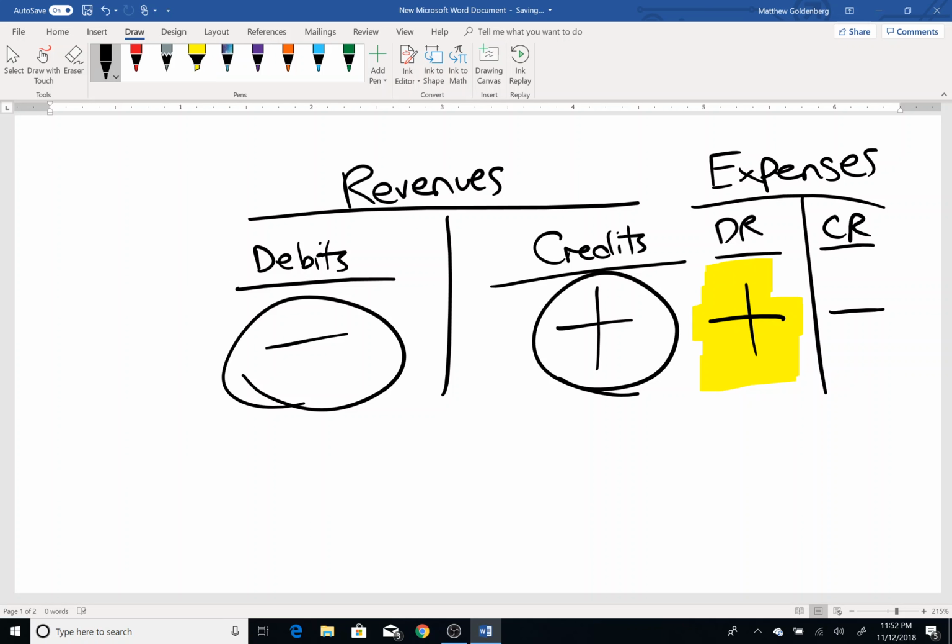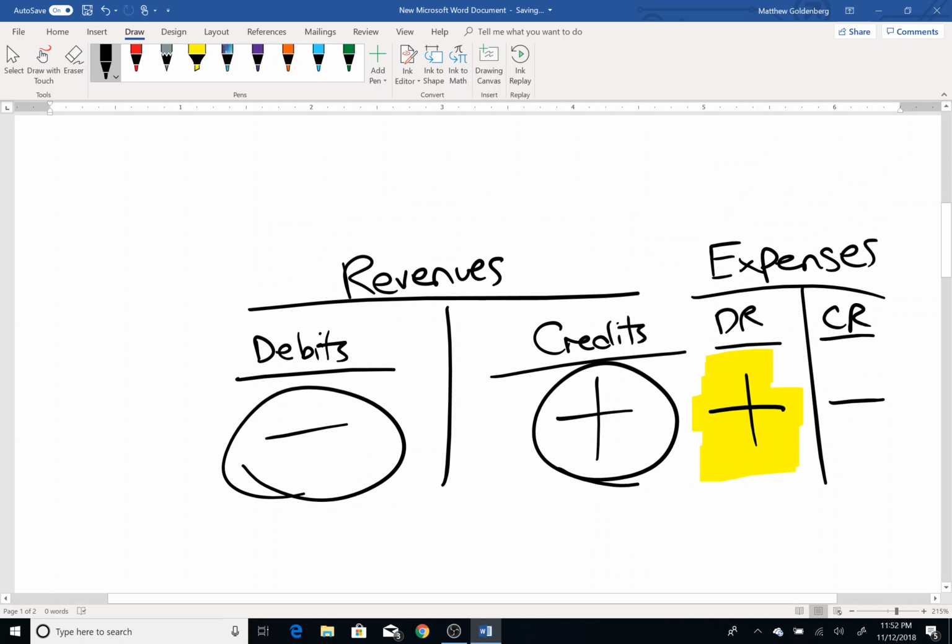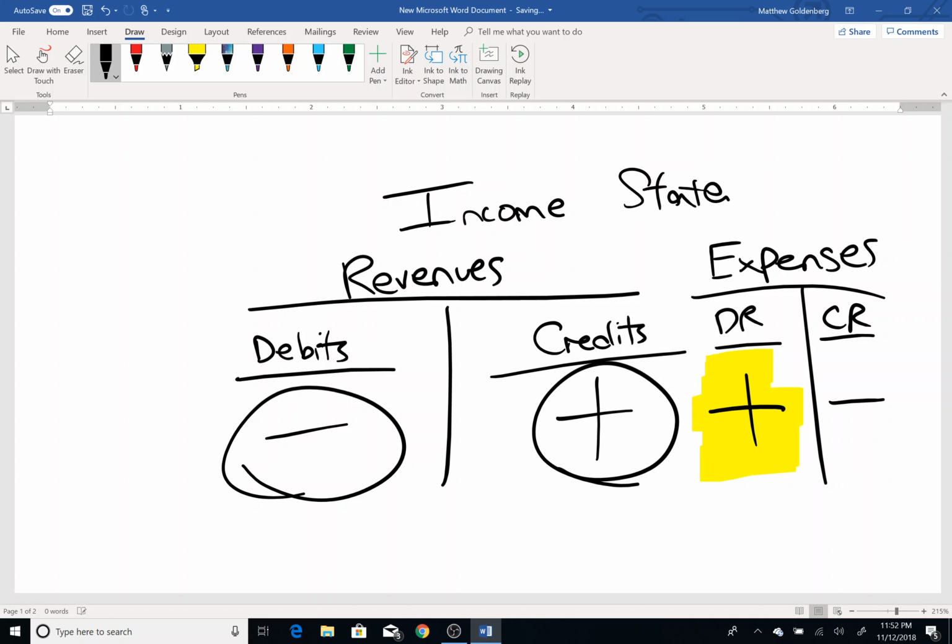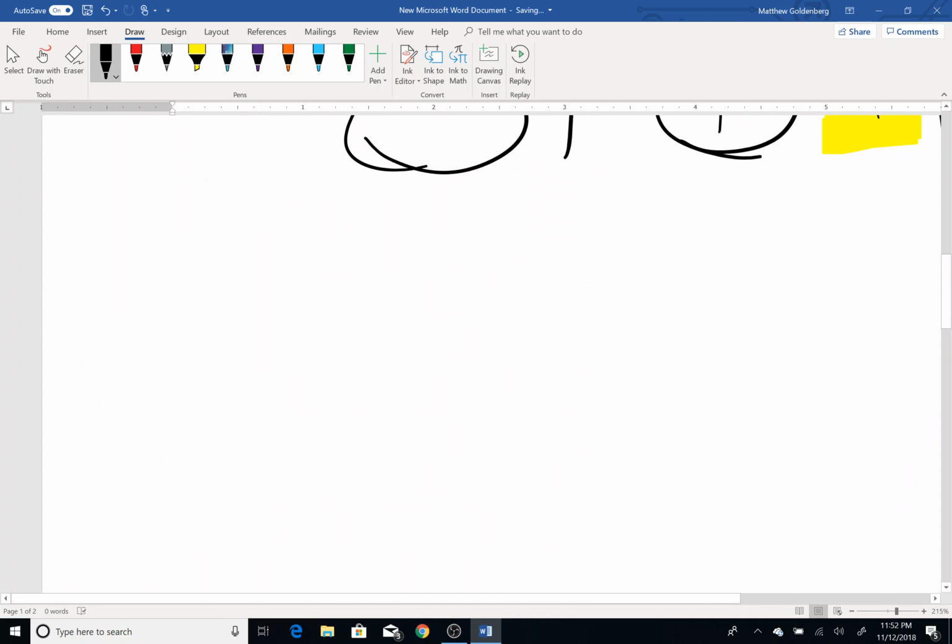All right. This is the basis of your income statement. But for our purposes right now, you don't have to remember that. But it's good to keep in mind and keep a strong memory of that.